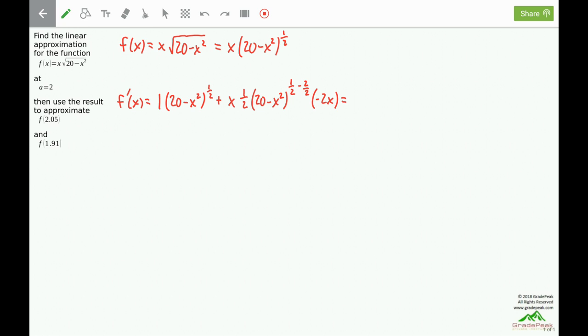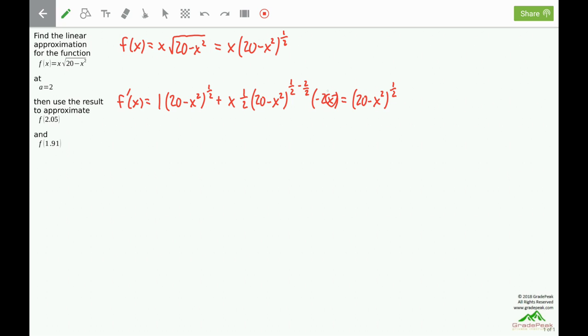This will then give the first term 1 times 20 minus x squared to the 1/2, which will be 20 minus x squared to the 1/2. The second term will have the negative 2 move out front and multiply with the 1/2. Negative 2 times 1/2 is negative 1.